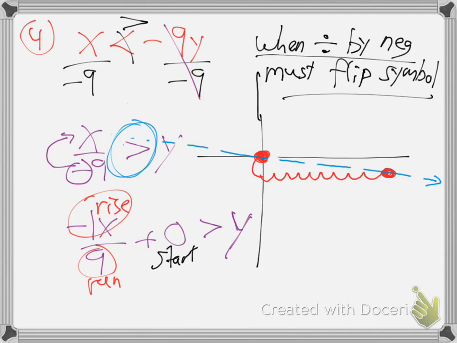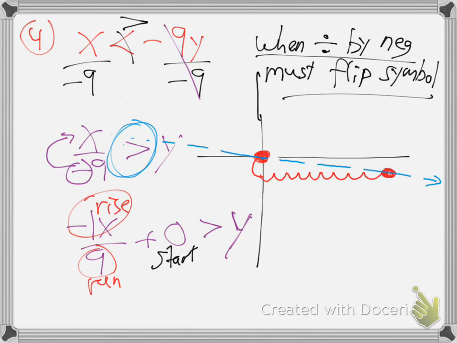Now, which side of the line do we shade? I was looking around at your guys' work, and it looks like pretty much everybody I saw was doing it right. But I want to make sure you do it right even on the test. Somebody could look at this and go, oh, that just is greater, so I can do greater. But no, that's not right, is it? You got to start with the y. It's all about y. Because remember, we're honed in on the y-axis.